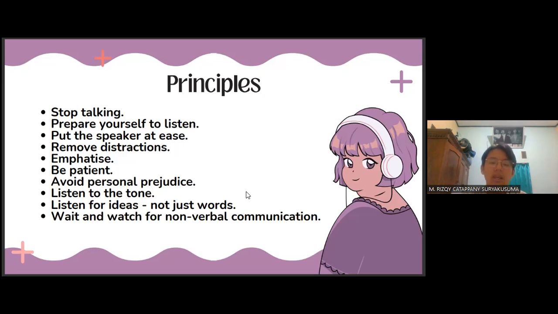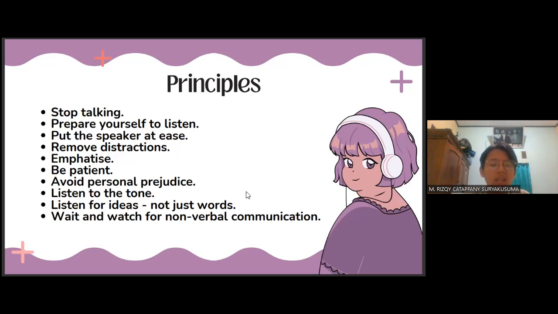Number 3, if the material is from a speaker, we have to put the speaker at ease so that the speaker feels less nervous and can convey the material well and comprehensibly, so that we as the listener can understand the material.